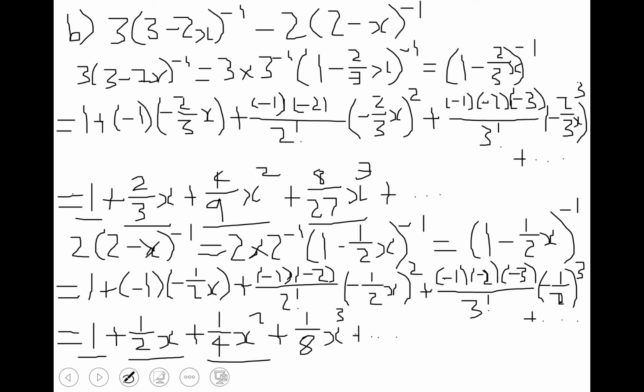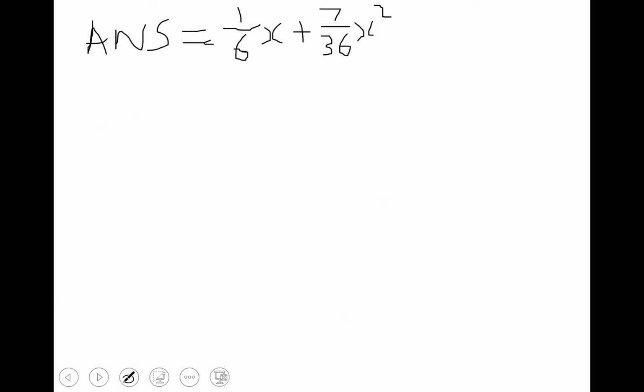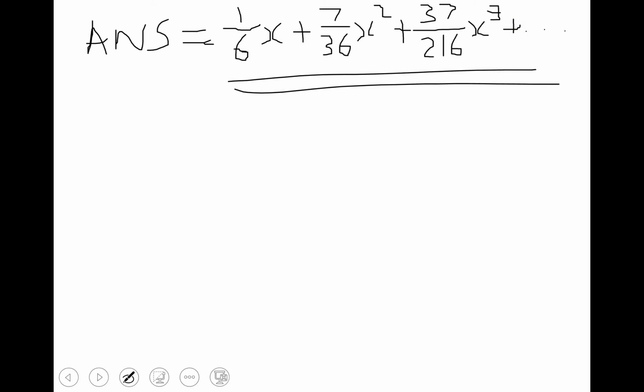And finally we're doing 8/27 minus an 8th. We get 37/216. And that is the result of the expansion.